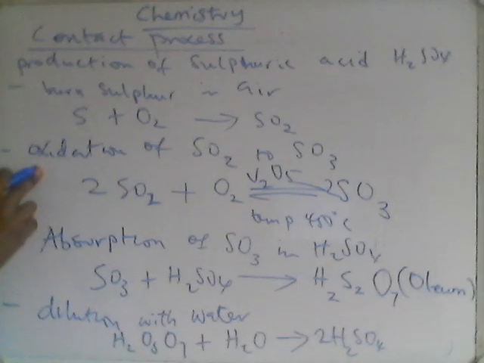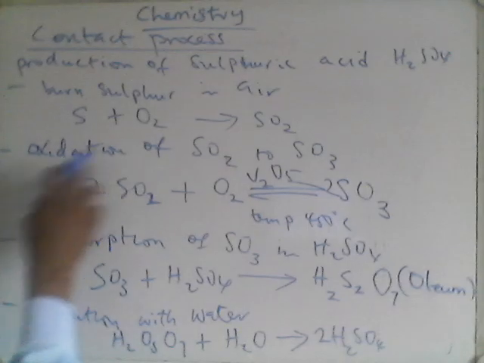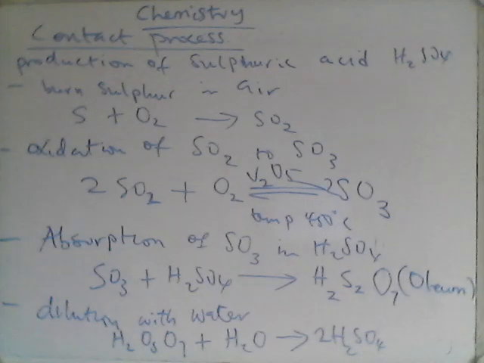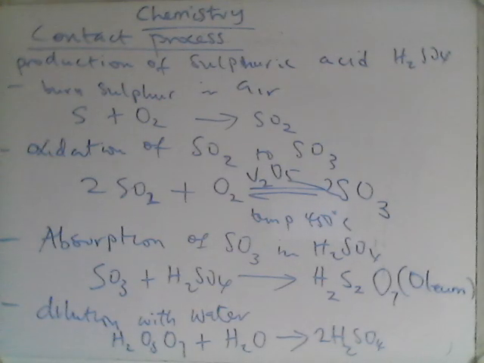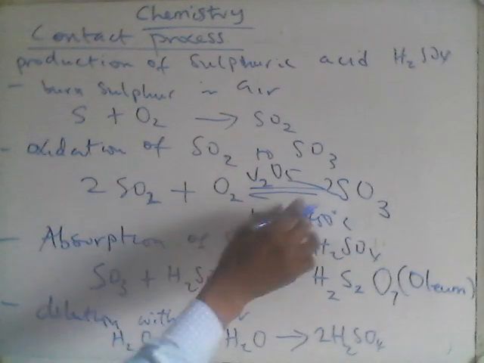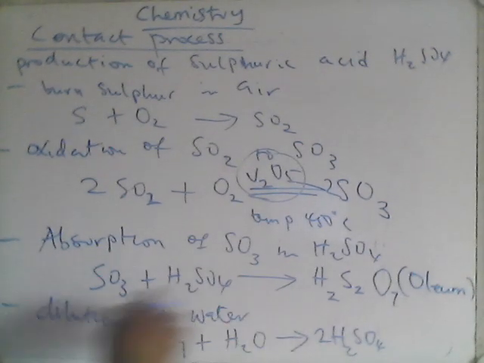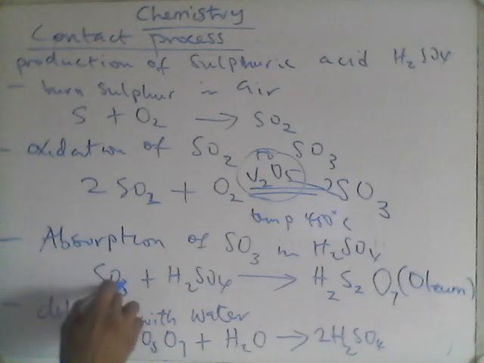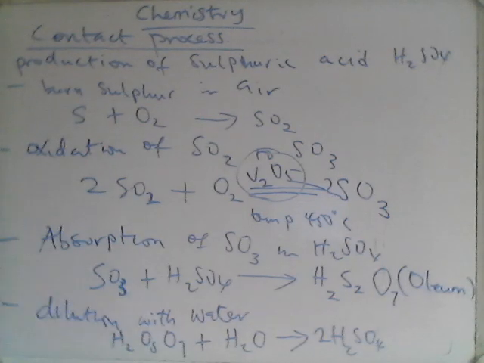Oxidation of sulfur dioxide will give us sulfur trioxide, in the presence of the catalyst. Then sulfur trioxide plus sulfuric acid gives us oleum.